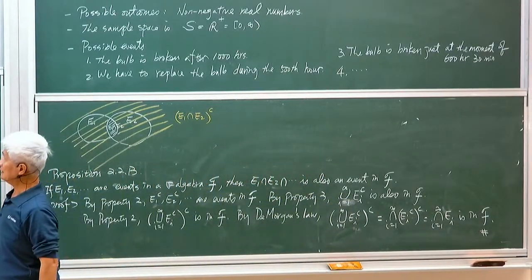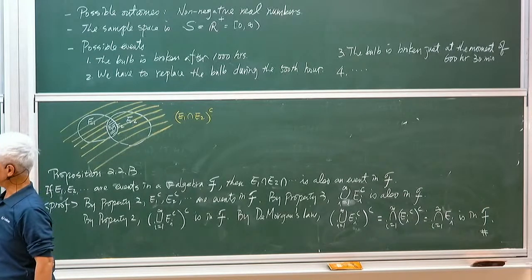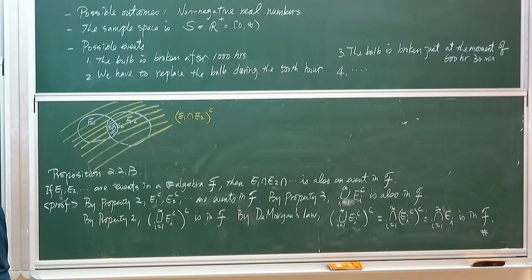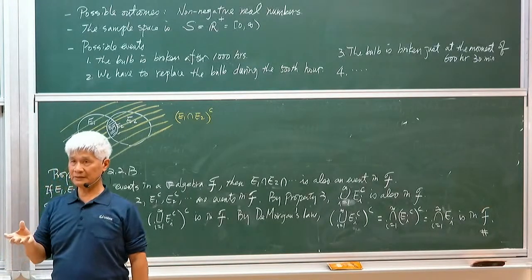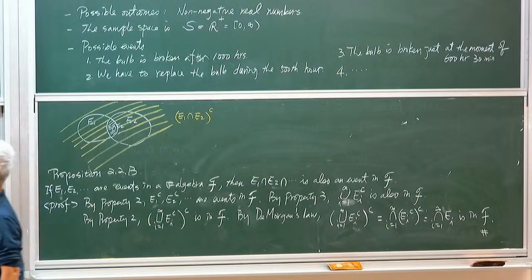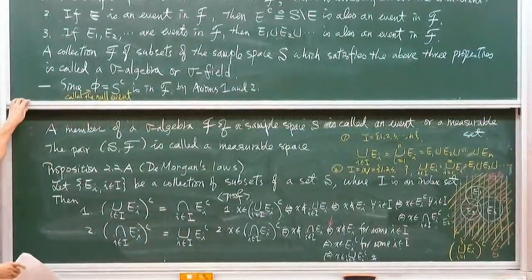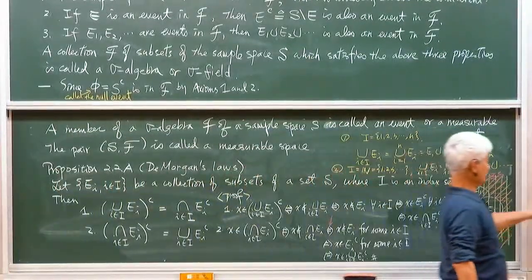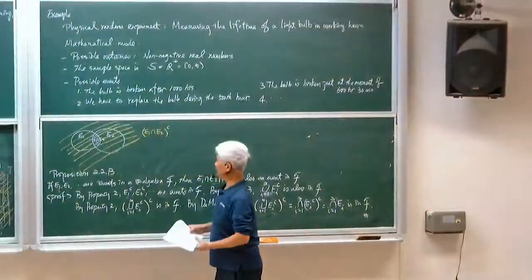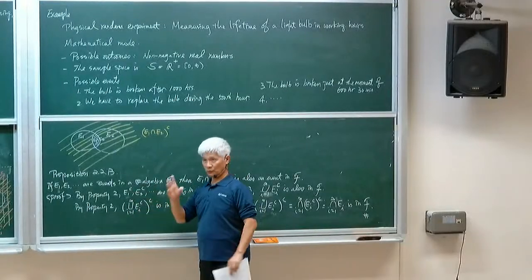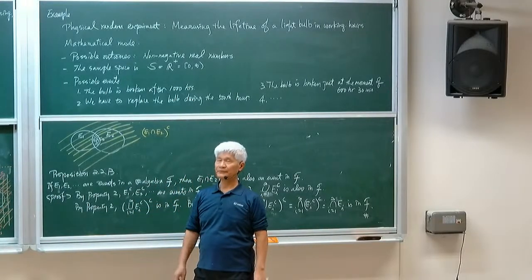So you can see that properties about events can be deduced from these three fundamental properties we have about the sigma algebra. And proposition 2.2 point B is just one illustration for you.